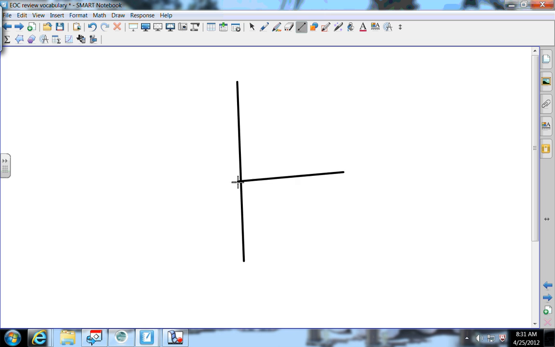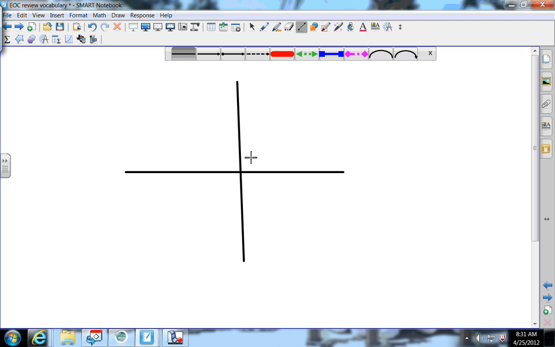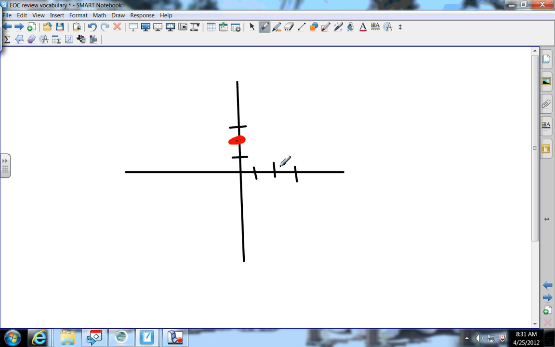Oh, you went and found the equation? Good. If it was on a graph, say, for example, I had these two ordered pairs. My lines aren't very straight here. Okay, this is A, this is B, and I want to know the slope.